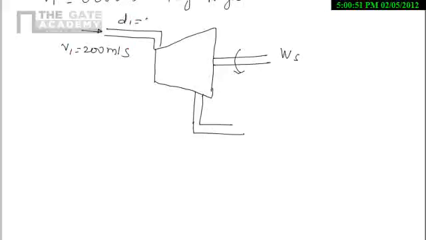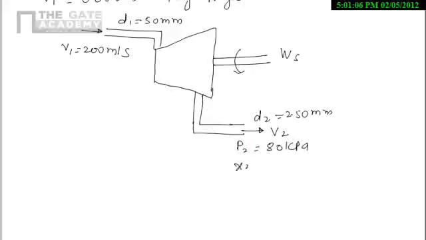Here diameter is given 50 mm. Similarly here diameter is given 250 mm. Velocity V2, pressure is given 80 kilopascal, and X2, that is the quality of steam. We will talk about this term in the next chapter.